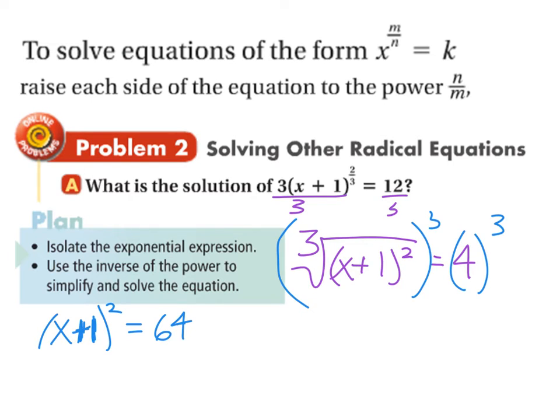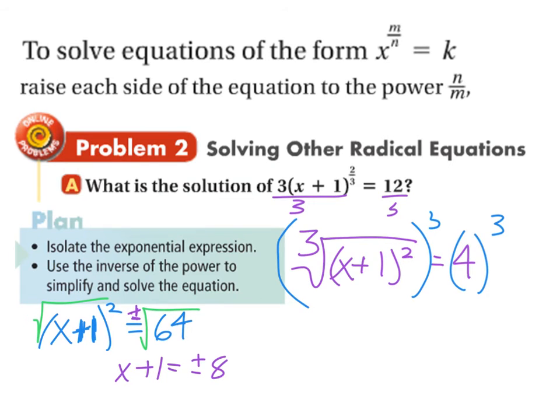From here, we would square root both sides of the equation. Now, earlier we mentioned when you square root both sides, really any even root, whether it's square root, fourth root, whatever, that's when you need the plus and minus. So we end up with x plus 1 equals positive and negative 8.